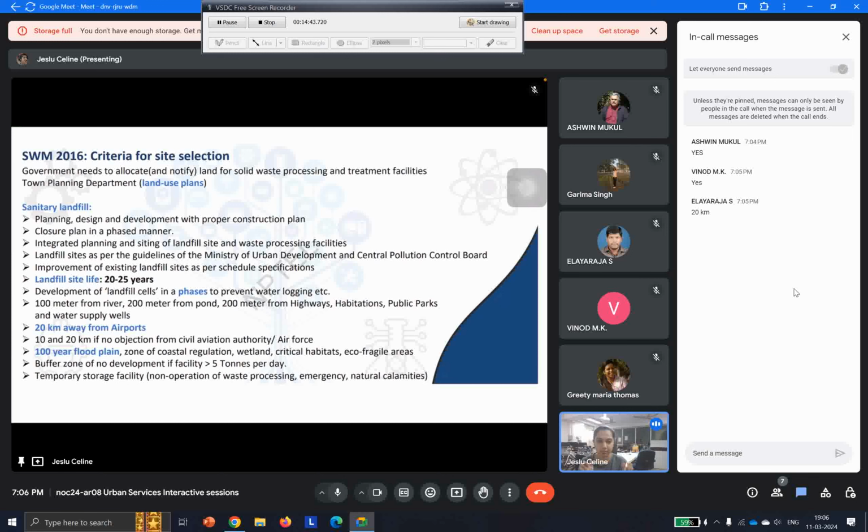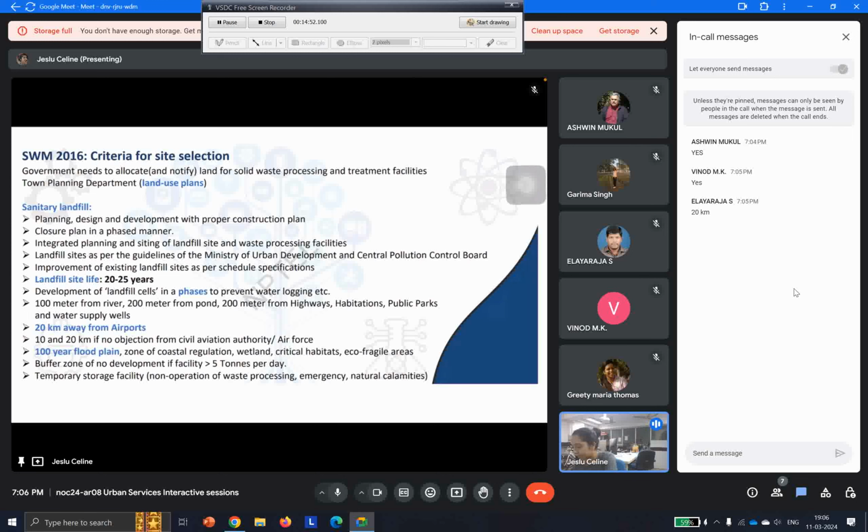We need to plan the location of the landfill accordingly. So as per this, from airports, the landfill has to be at least 20 kilometers away. There are other aspects also. For instance, if you have a highway, then it needs to be 200 meters from a highway, 100 meters from a river, 200 meters from a pond.